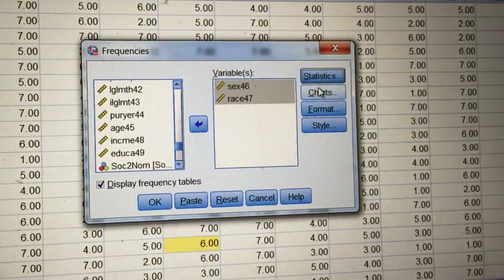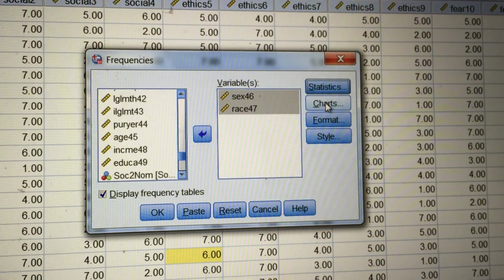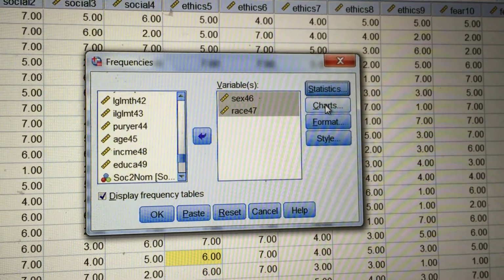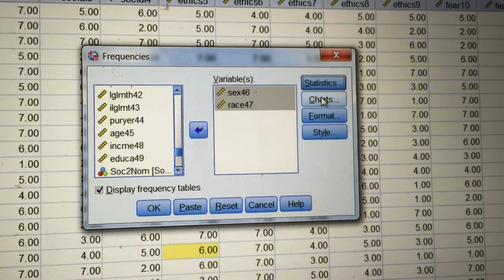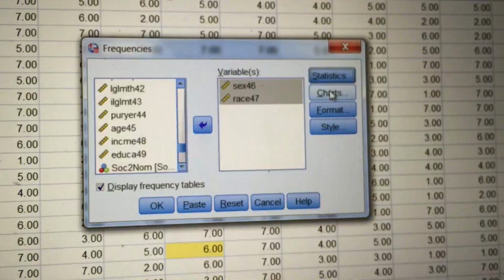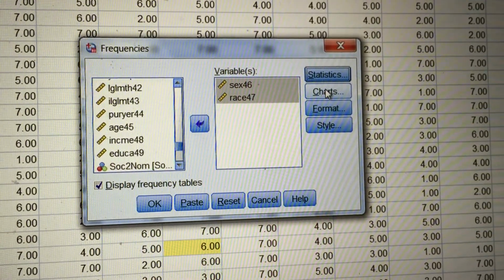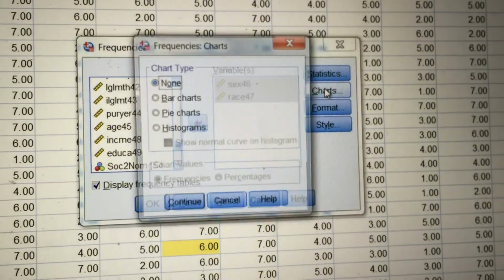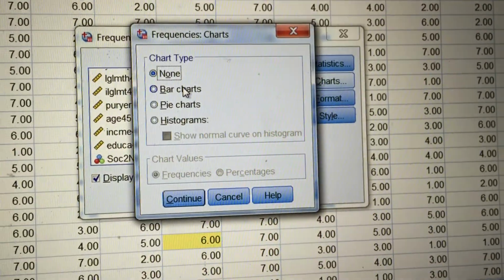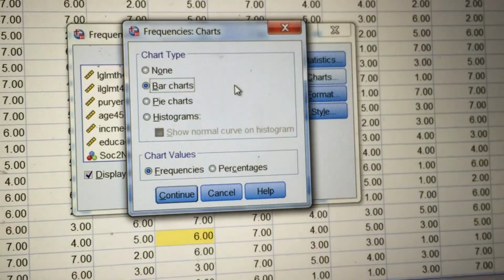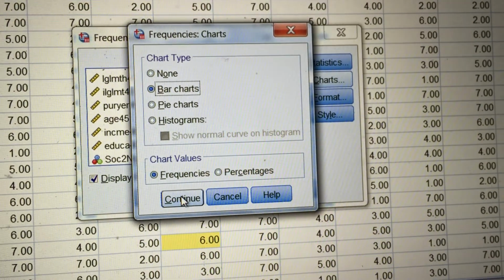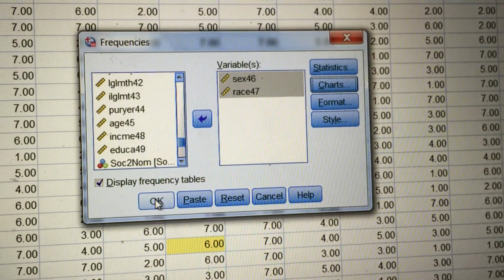But I do want to get a chart. And for all the nominal variables, it's easy. I might as well do that. I'd like to see a chart so I know what the breakdown is for who is participating in this research. So I'm going to ask for a chart, and I'm going to do a bar chart. That'll be interesting and informative. So I'm then going to click Continue and OK.